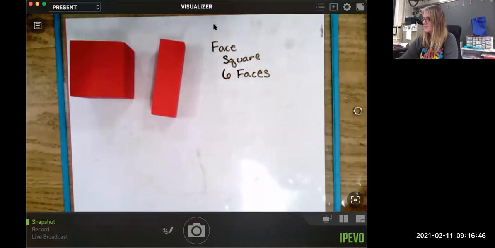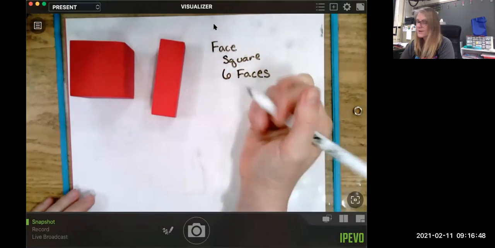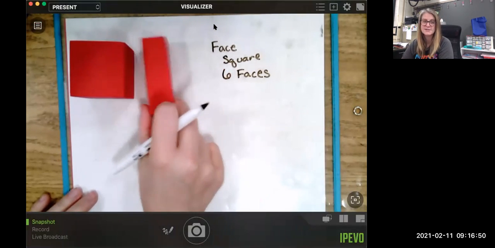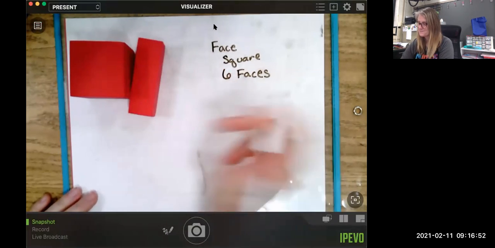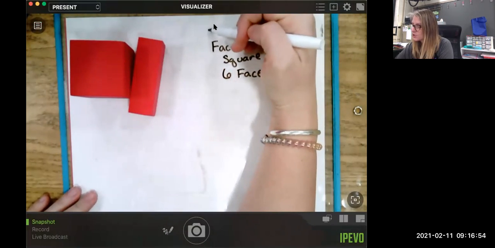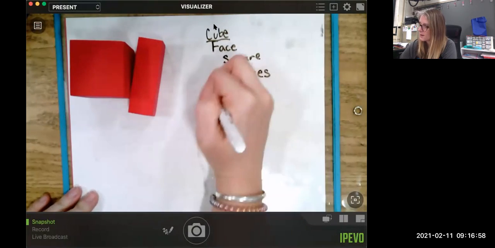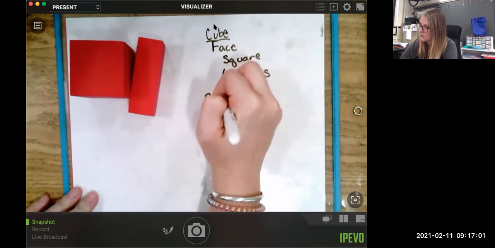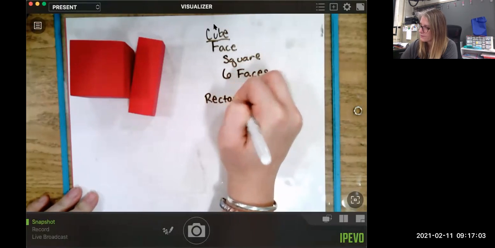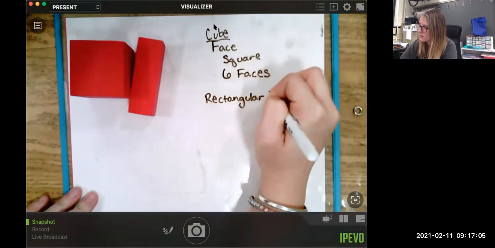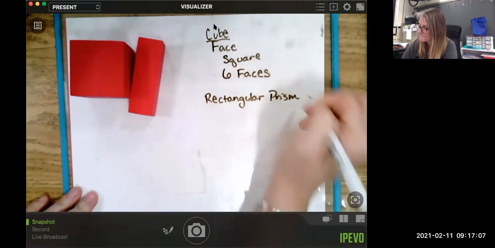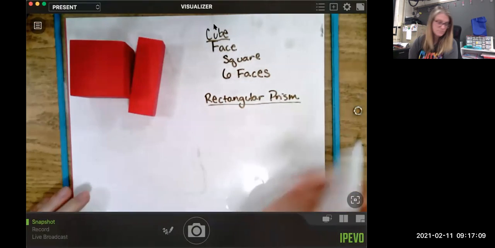So it's a little bit different. So it's called a rectangular prism because it has rectangular faces. So let's see, our cube, and then rectangular prism.